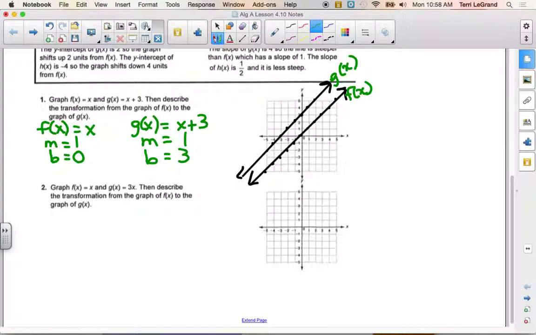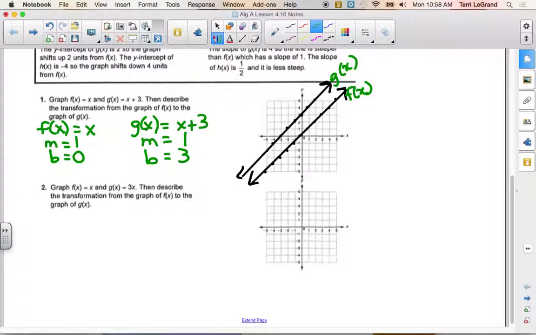You don't have to write out the whole equation, but it's always good to give them a label on the graph so you can tell which line is which. The bottom one is our parent function f of x. The top one is our transformed function g of x. It's just a good idea to have them both labeled so you can just look at it.